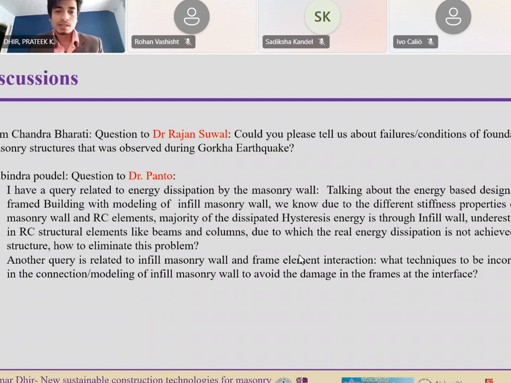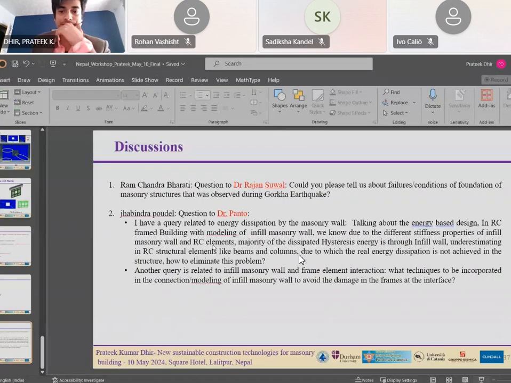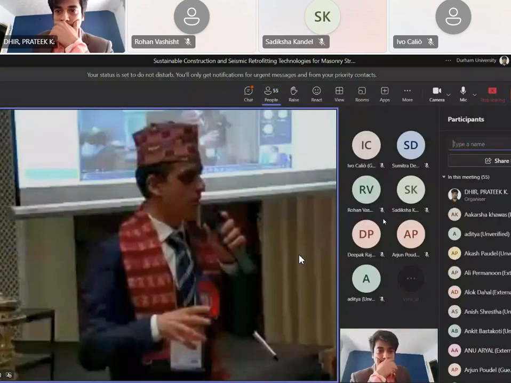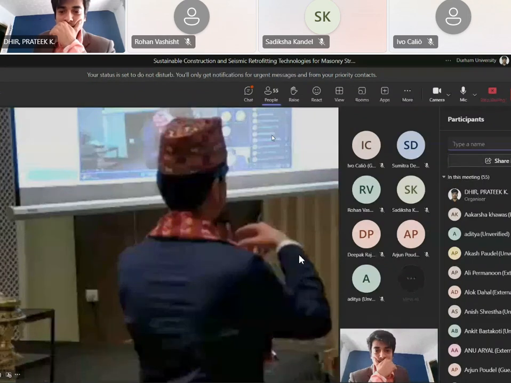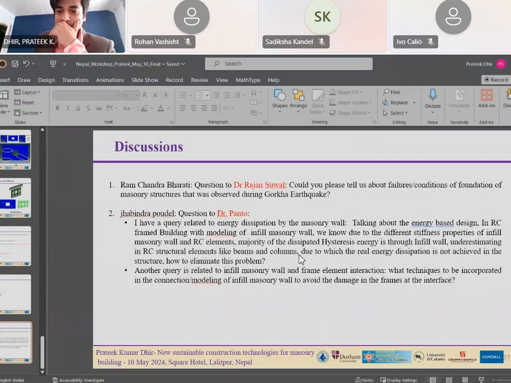Yeah, so this is a very interesting question. We didn't touch on this issue in this workshop, but in addition to unreinforced masonry buildings, we can have mixed structures, including infill frames or confined masonries, in which infill walls, masonry walls, interact with reinforced concrete frames.